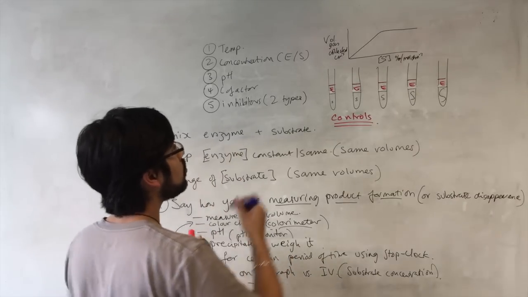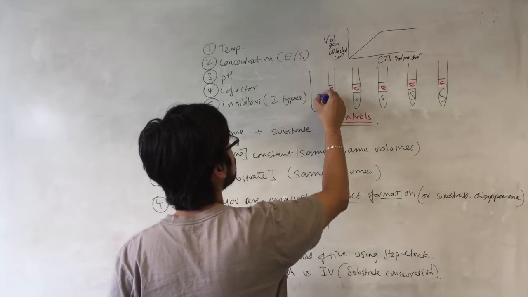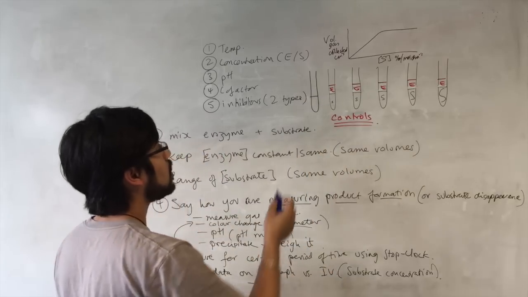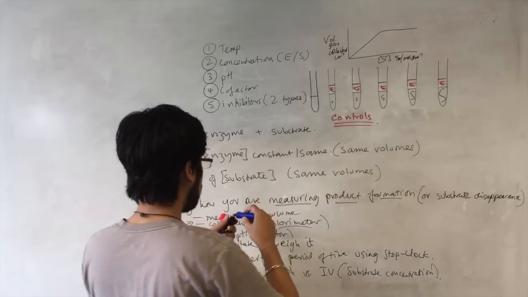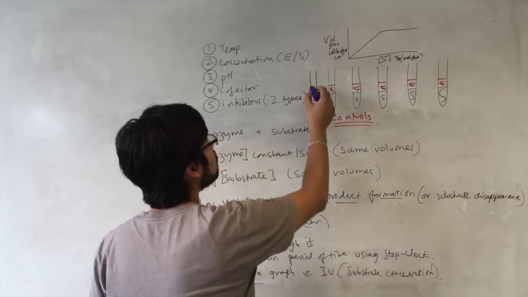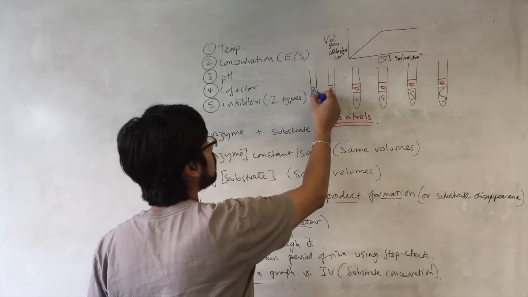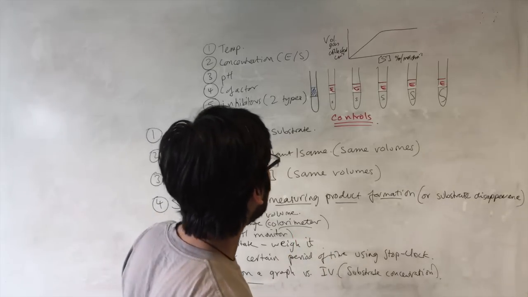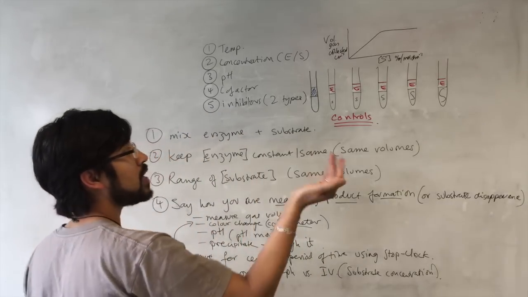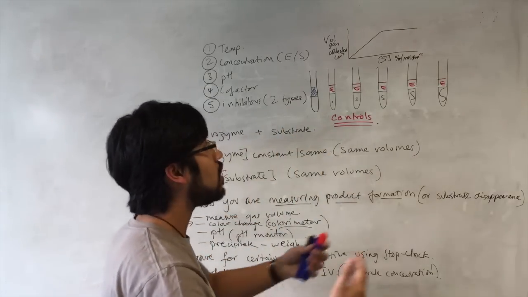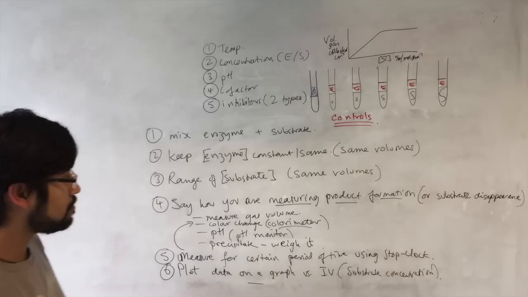So you should always have a control tube which has substrate in it, and no enzyme, but maybe just an equivalent volume of water. In which case you'll get no gas produced, hopefully, and that will show that it's the presence of the enzyme which is actually causing the breakdown of hydrogen peroxide to occur.